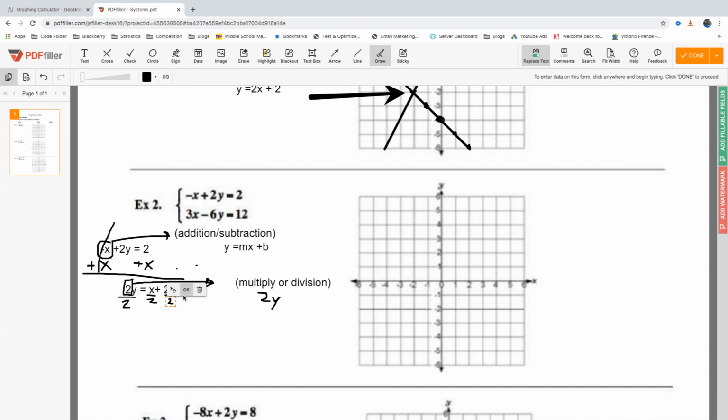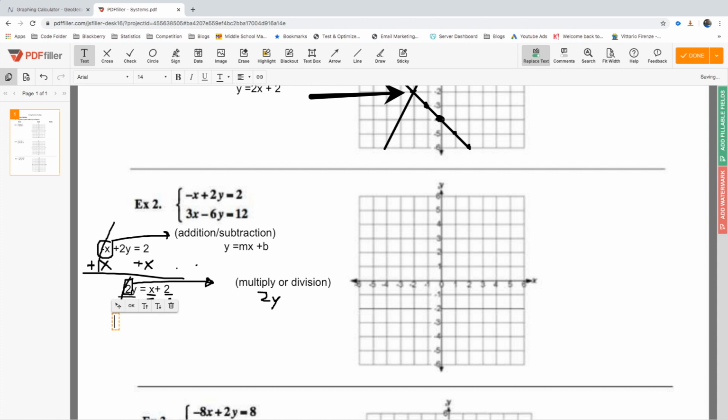All right, great. So now I notice that 2 divided by 2 is 1, so that's going to cancel out. Now let's write down what I am left with. I got y equals x divided by 2 plus, and I know that 2 divided by 2 is a 1, so plus 1.